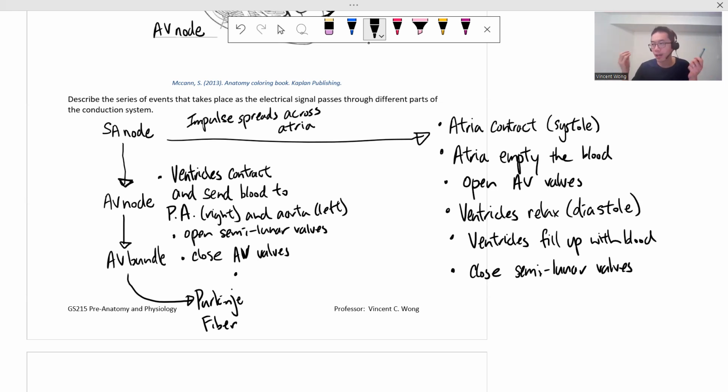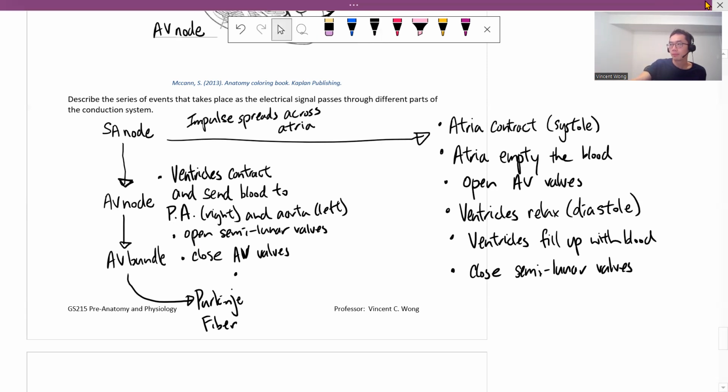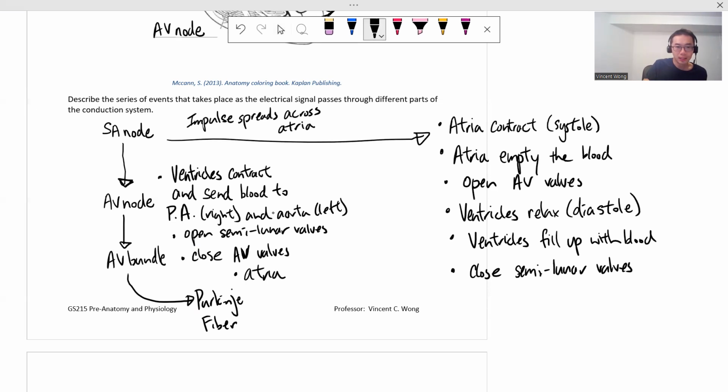What are the atria doing right now? What's going to be happening to the left and right atrium? Are they squeezing? Are they relaxing? What's going on with the atrium? Relaxing. They are relaxing. That's right. So atria relax.